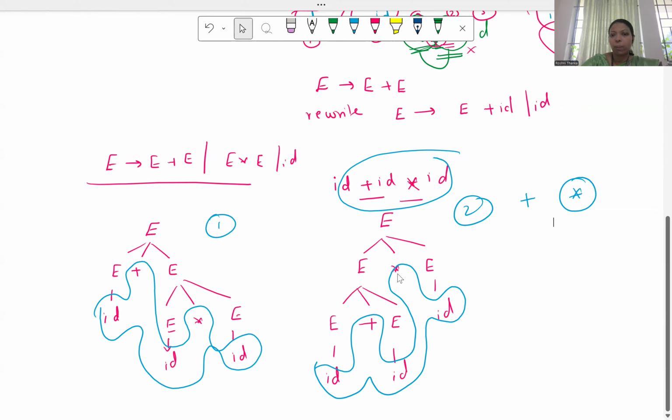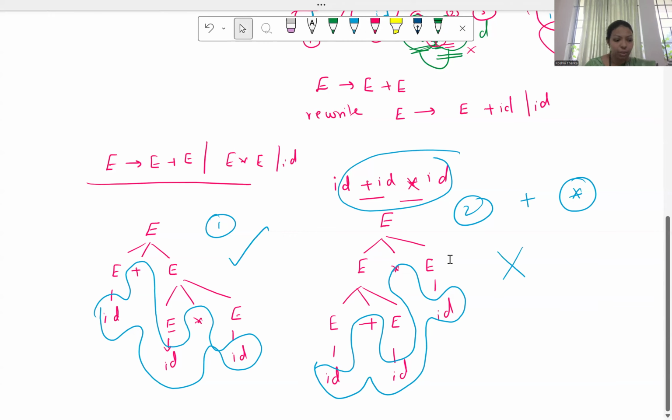If I want to know the second operand, first you have to do the addition. So in this parse tree, addition happens first and then multiplication. In the other parse tree, first multiplication happens and then addition. So which one is correct? This parse tree is accepted and this parse tree is not accepted when you see the operator precedence.